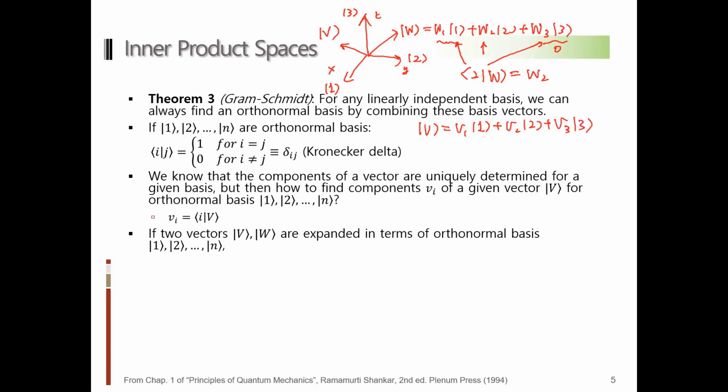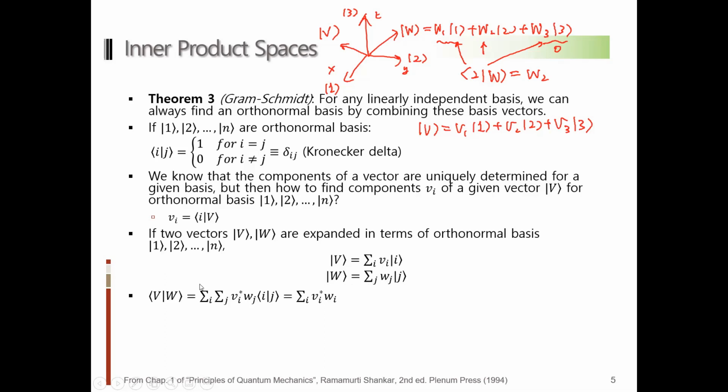Then how can we find the inner product between v and w? They can always be expanded in terms of the basis like this. What is the inner product between those two?